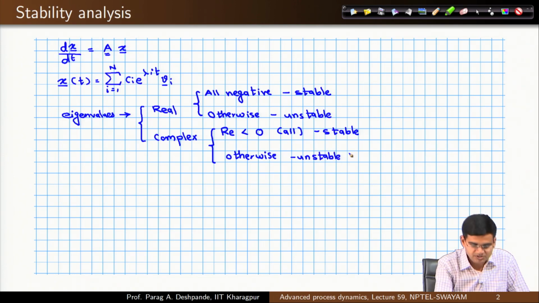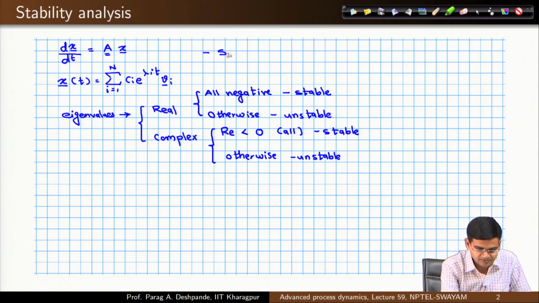So, this was what you could infer from the state space domain analysis.